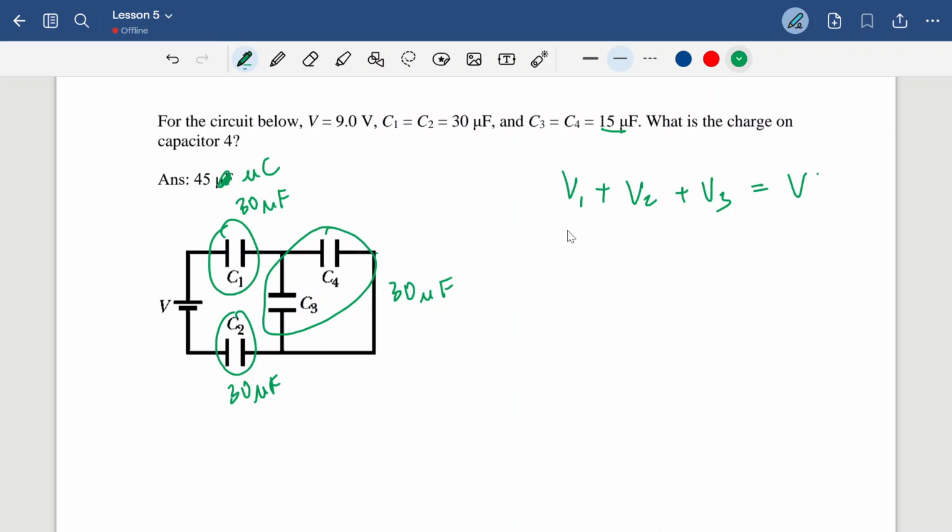This tells you that Q1 over C1 plus Q2 over C2 plus Q3 over C3 also equals V. For this question, C1, C2, C3 are the same value. I don't mean C3, I mean C3 parallel C4 in this case. So these three are the same value, that's why the Q are all the same value.